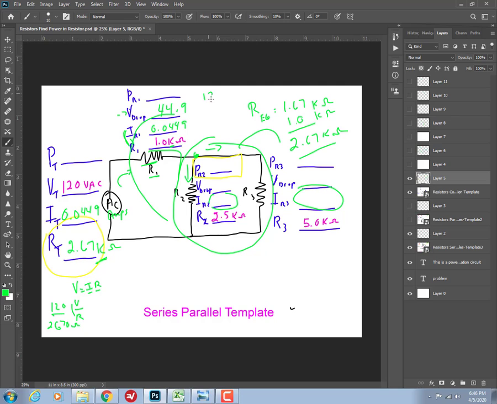So 120 minus 44.9 is 75.1 volts. So does this voltage get divided here and here between R2 and R3?